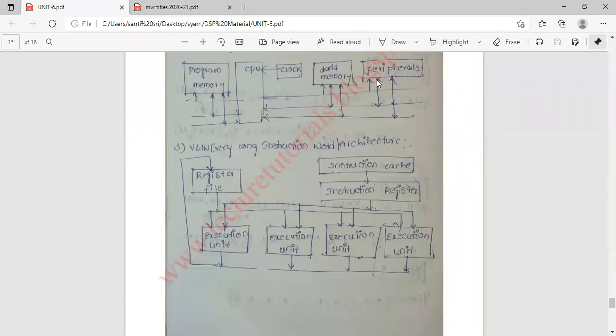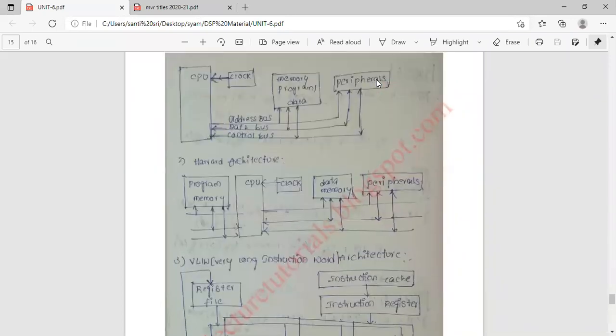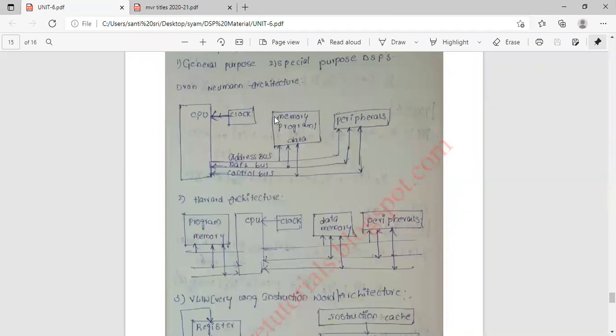So the diagrams for these architectures are like this. First one is the Von Neumann architecture, consisting of CPU, clock, memory, program data, and peripherals. These are connected through the address bus, data bus, and control bus.